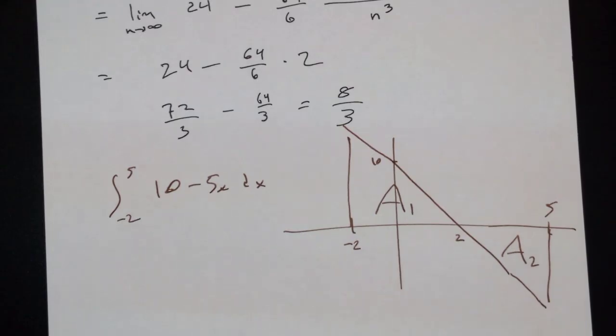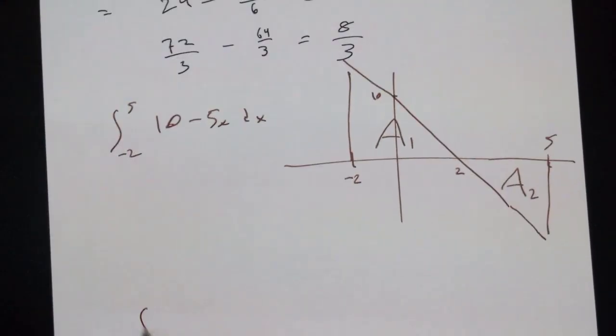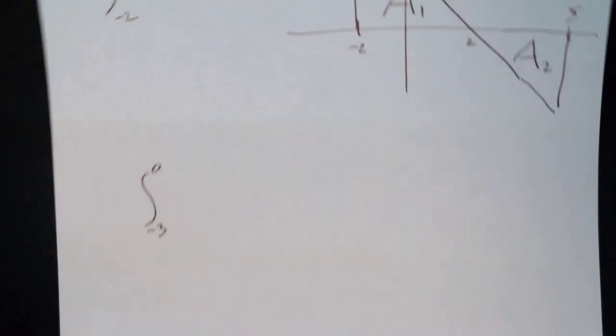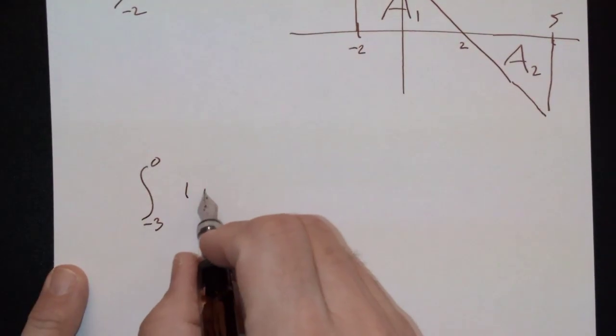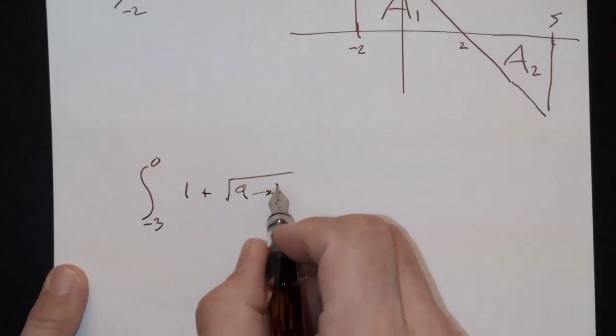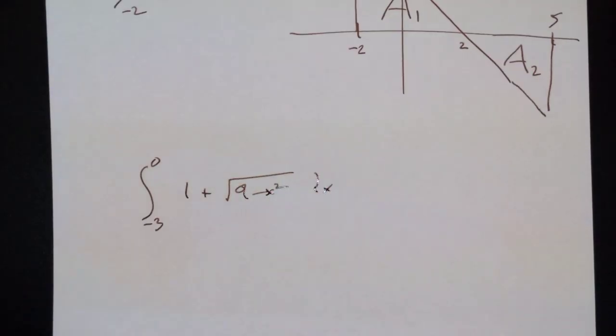Now in 45, I have the integral from -3 to 0 of 1 plus the square root of 9 minus x squared. Well, that's disgusting.